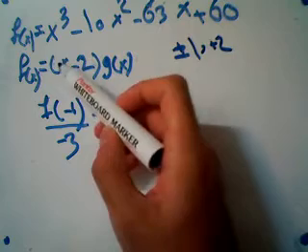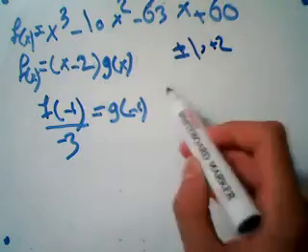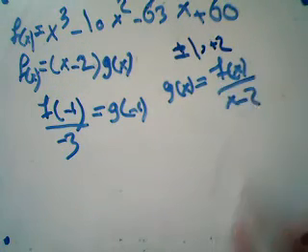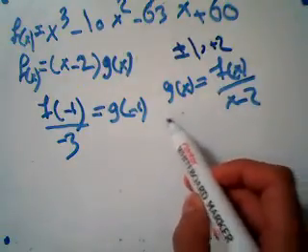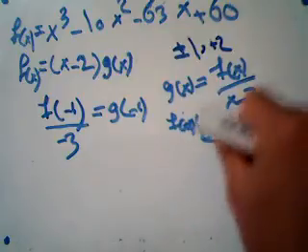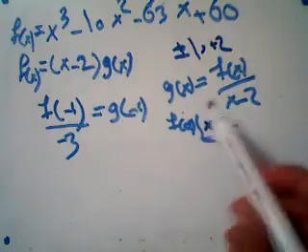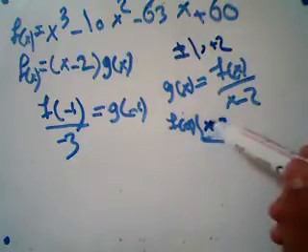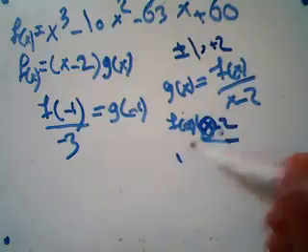Why? Because, what is g of x? g of x is f of x divided by x minus 2. If you do the long division, write f of x here divided by x minus 2, every term of the quotient, because the coefficient of x here is 1, would also be an integer.